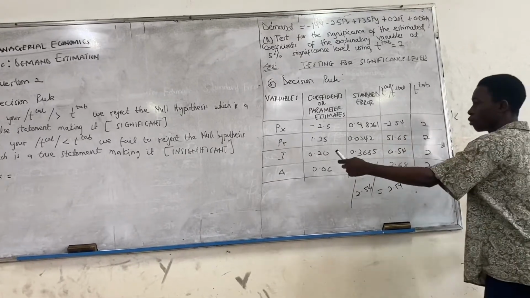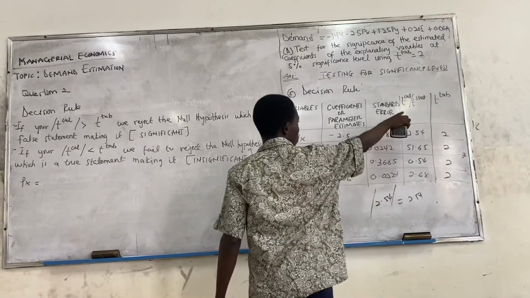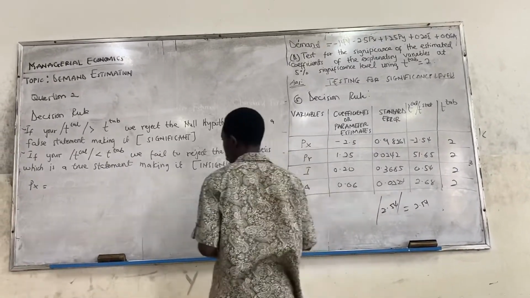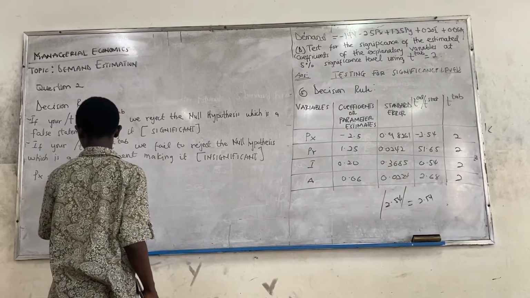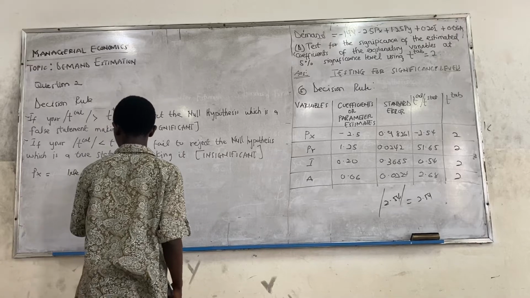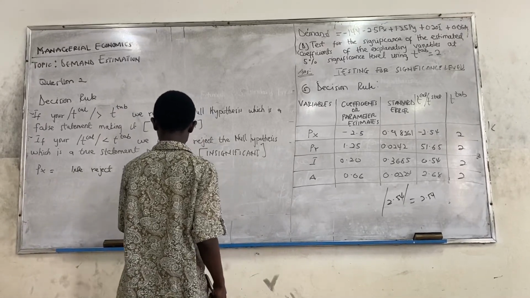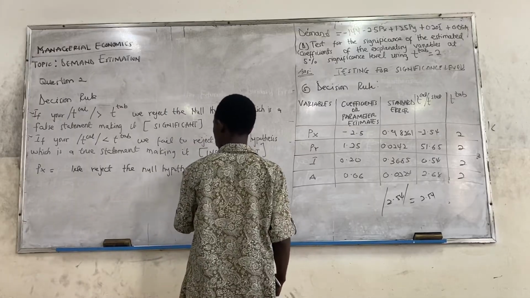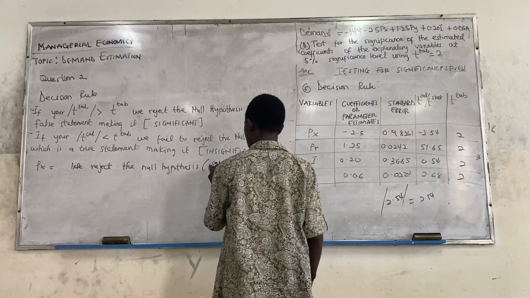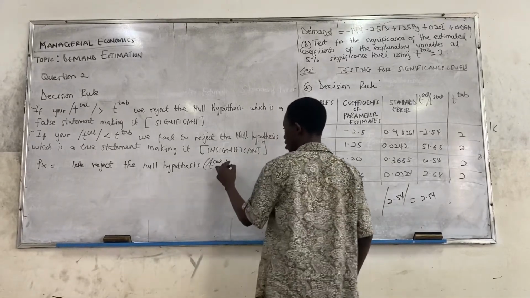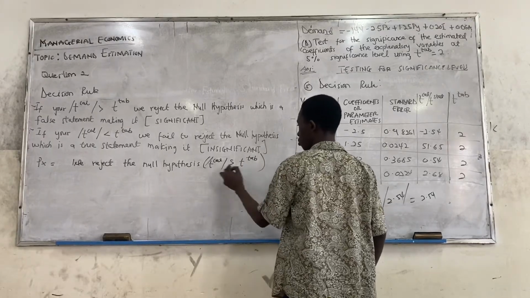So with this side, we reject the null hypothesis, because the absolute value of t-cal is greater than theta.